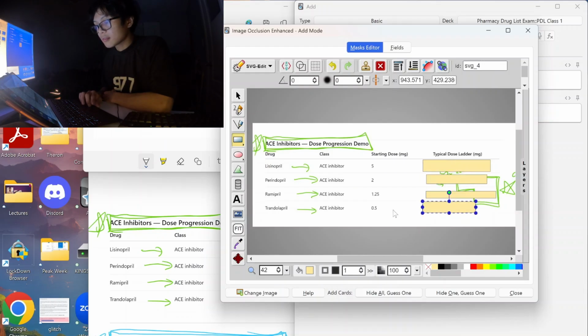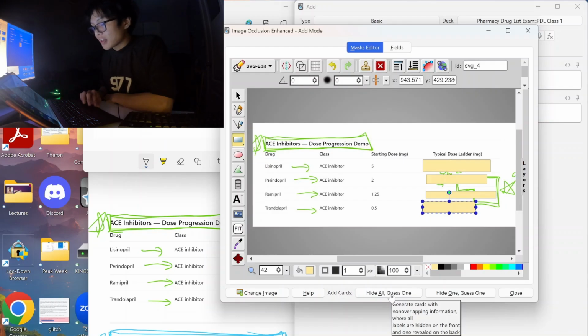Okay? And from that, I can choose either to hide all boxes or hide only one box at a time while leaving everything else open. And I'll show you what this means later in a second.